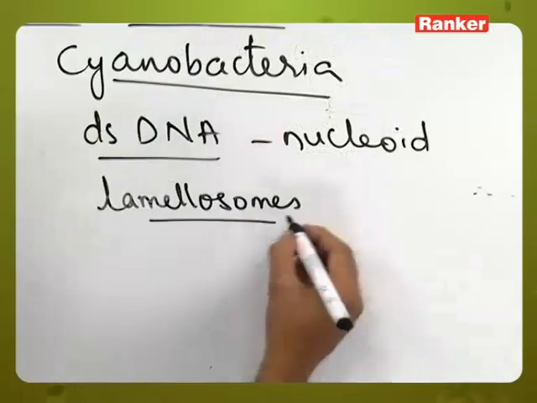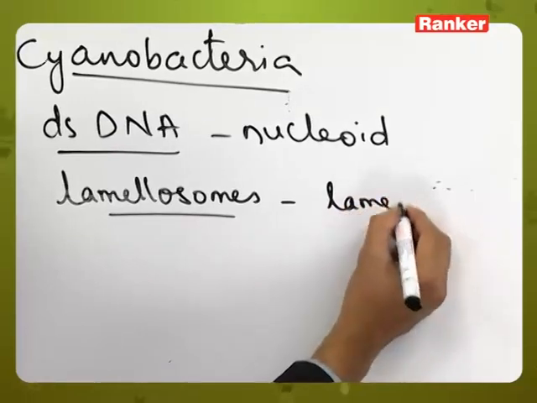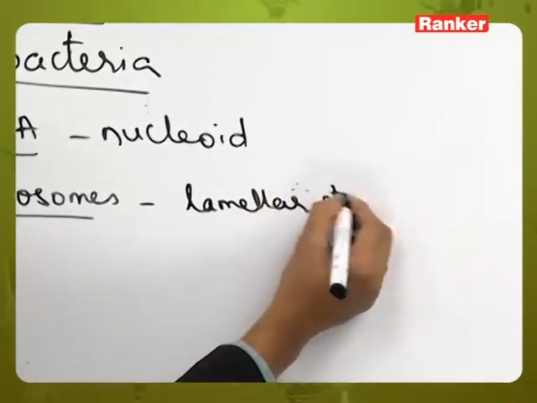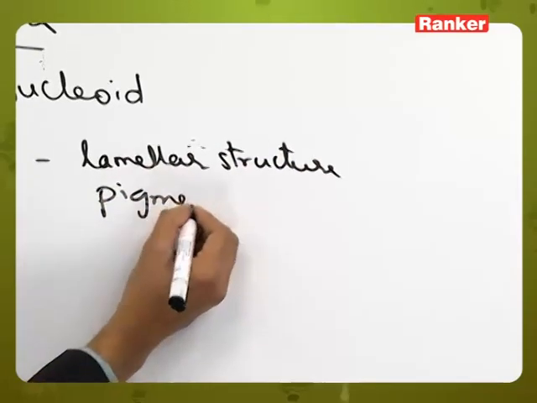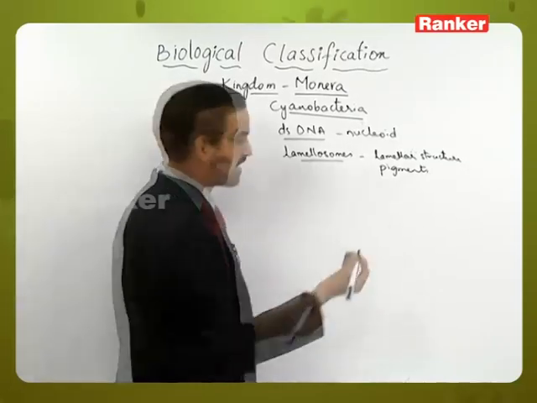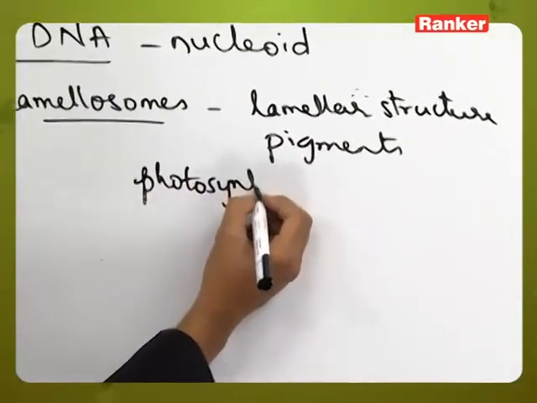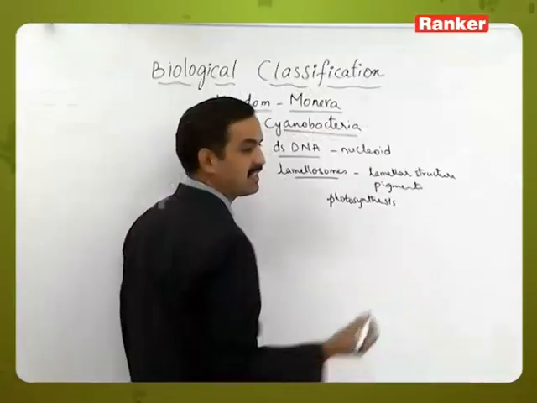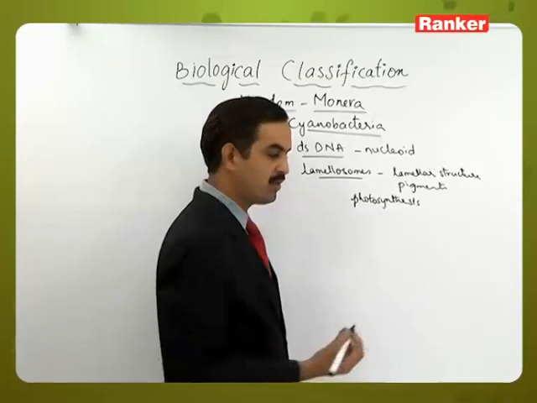As these lamellar structures contain chlorophyll a, carotenes, and xanthophylls, they are concerned with the process of photosynthesis. So they can perform photosynthesis and prepare their food materials.